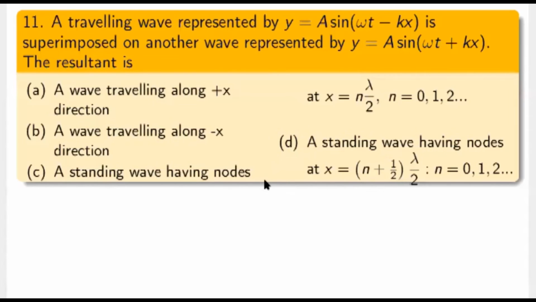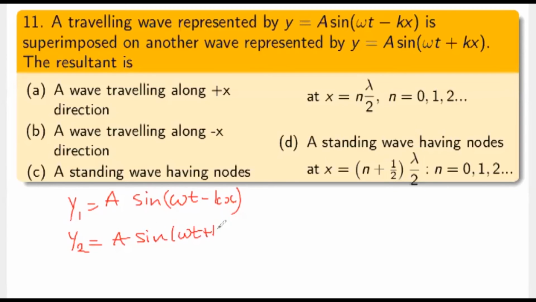Next question. A traveling wave represented by y equals a sine (omega t minus kx) is superimposed on another wave represented by y equals a sine (omega t plus kx). The resultant wave is... So we have two waves, y1 equals a sine (omega t minus kx), which means it is moving along the positive x direction, and y2 is a sine of (omega t plus kx).